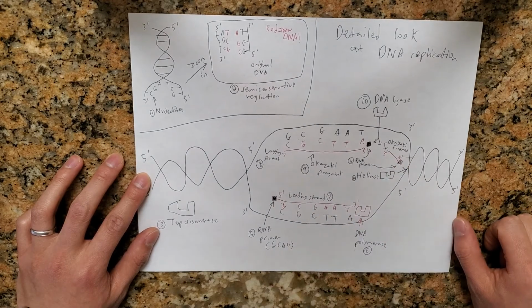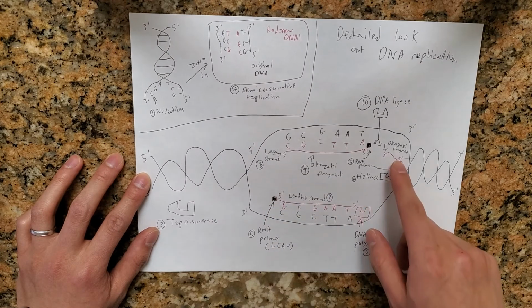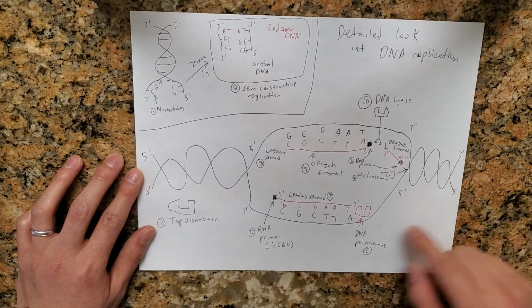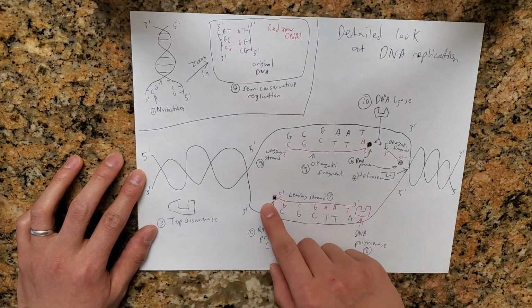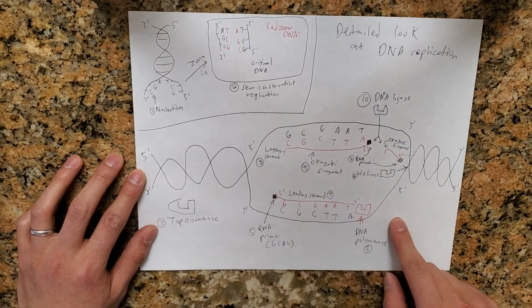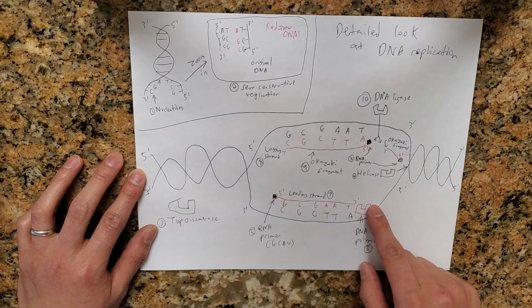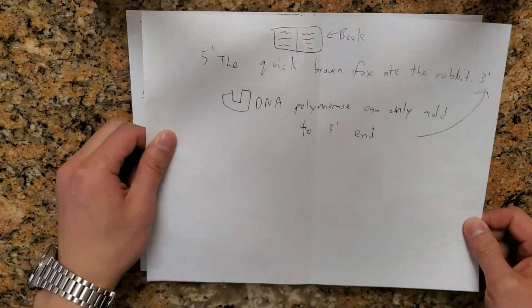Now, you might be wondering, how come one seems to be continuous and the top thing over here is like 2 lines? DNA polymerase can only build from 5' to 3'. Just like when we said we read words from left to right, DNA polymerase can only add in new nucleotides on the 3' end. And so here's an example of that, right?